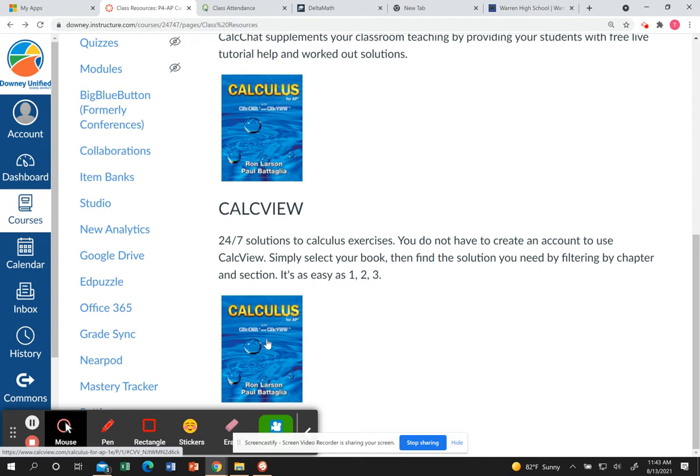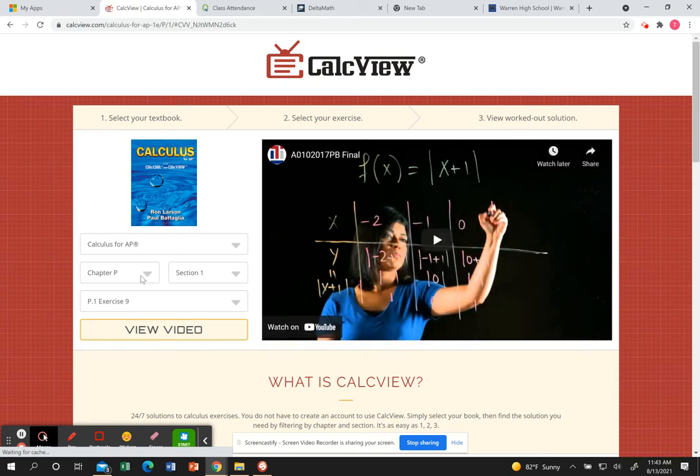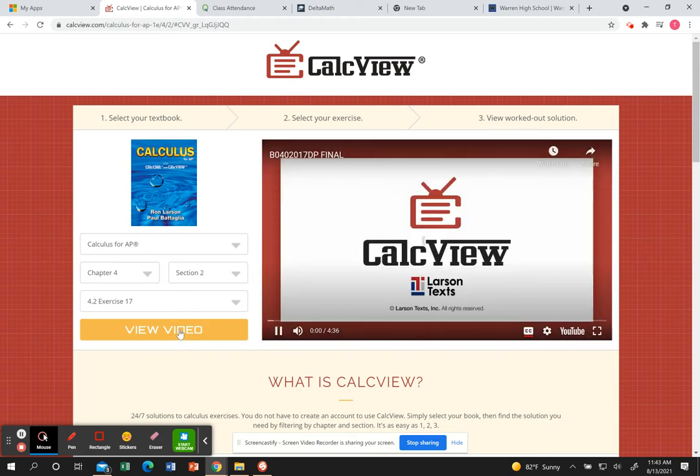If you see a problem number in red color, you can click on the second icon, Calc View. And here's our calculus book. Let's say you're working on chapter 4, section 2, and you were stuck on number 17. You play the video, and that is your homework question. And someone will come up and actually teach you how to solve this.